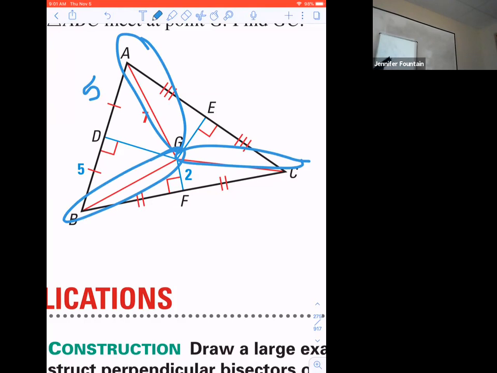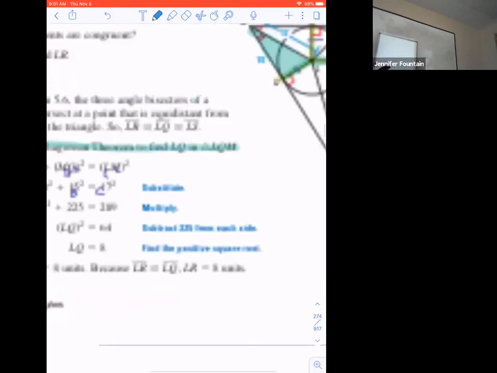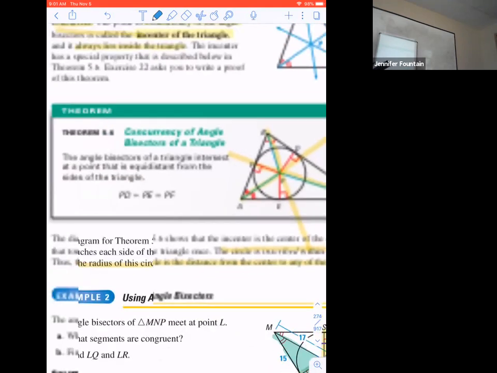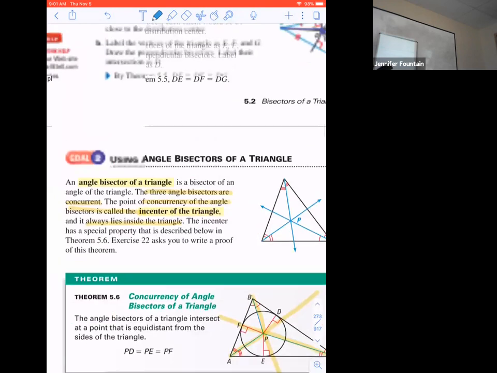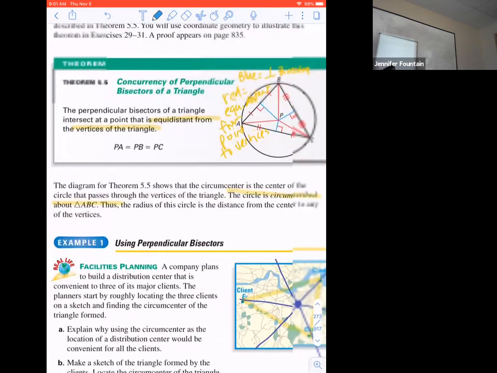Okay, they do cross over, but look at theorem 5.5 for just a minute on page 273. Theorem 5.5 says, the perpendicular bisectors of a triangle intersect at a point that is equidistant from the vertices. So notice that PA is equal to PB, which is equal to PC.